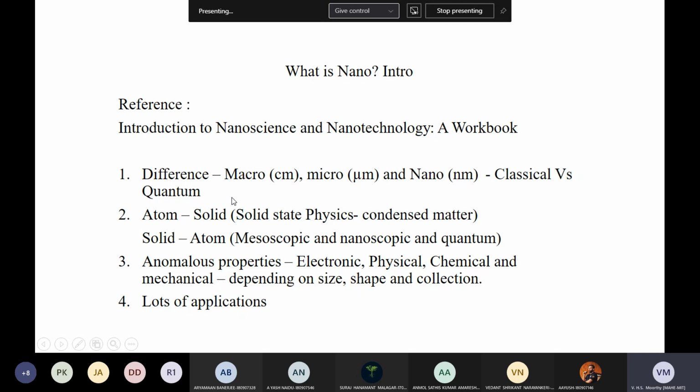Quantum mechanics is basically based on the atom and atomic structure. But at that time, as I discussed in previous classes, people did not have experimental techniques to isolate an atom.